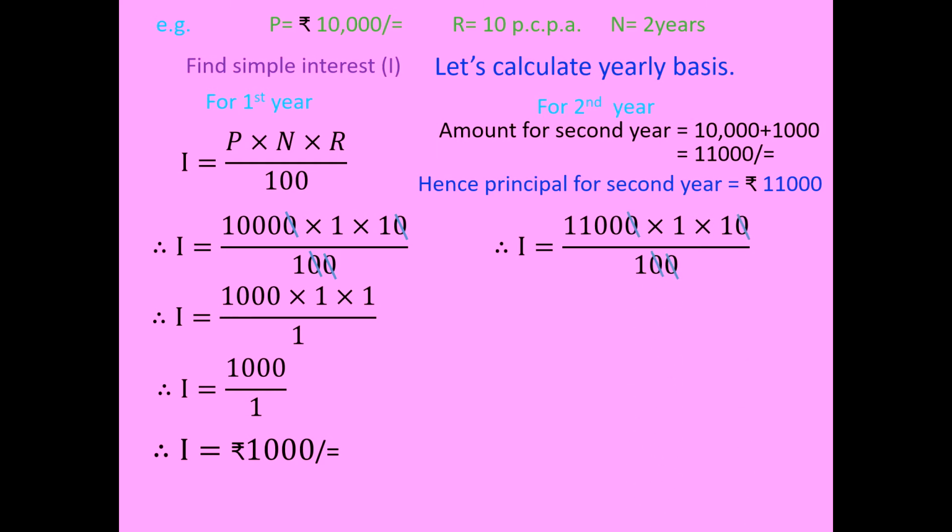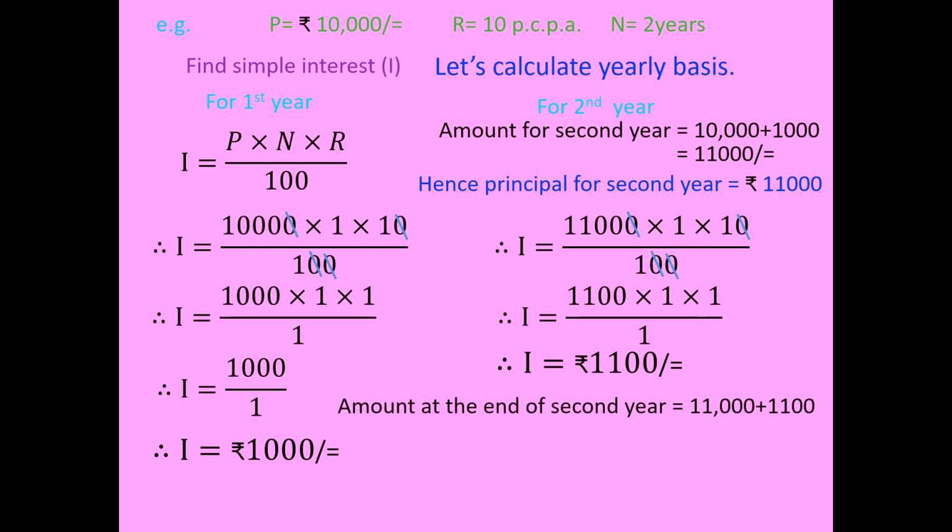Cancellation, check it out. When we multiply and simplify, we get 1100 this time. Now what will be the amount at the end of the second year? 11,000 plus 1100 becomes 12,100 rupees.